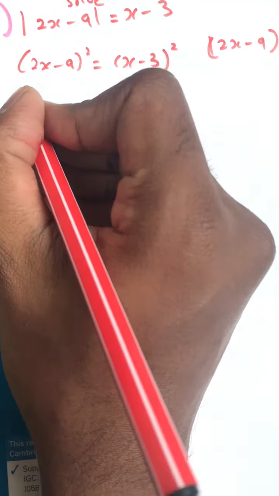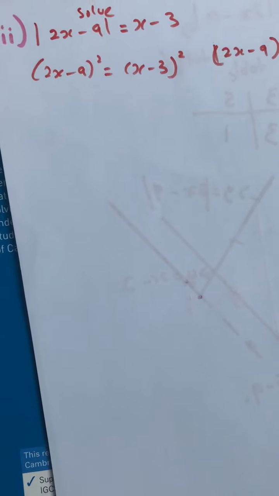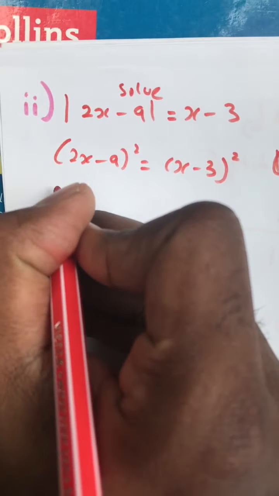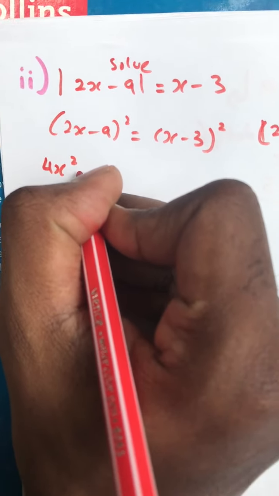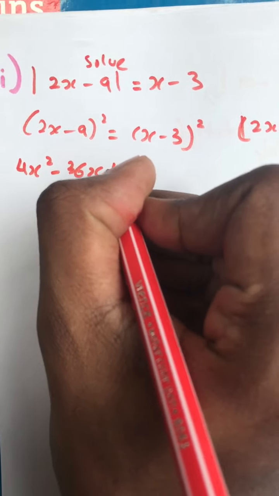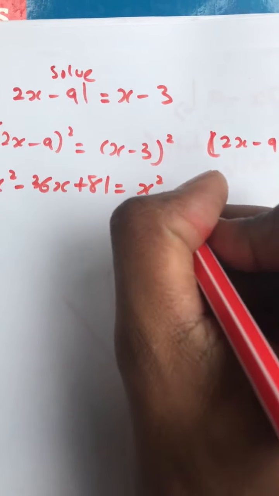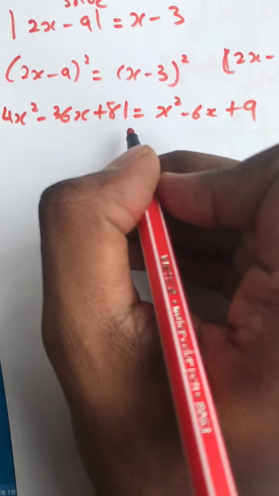So we're going to expand this real quick. I'll do fast expansion here, guys. So here will be 4x square minus 36x plus 81 equals, here will be x square minus 6x plus 9. Now we collect the like terms.